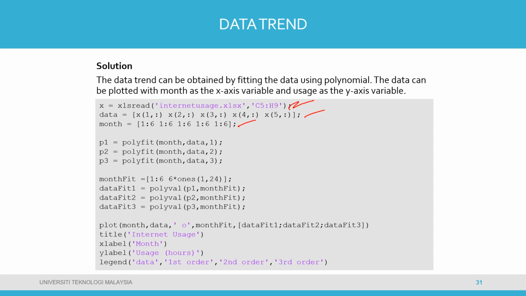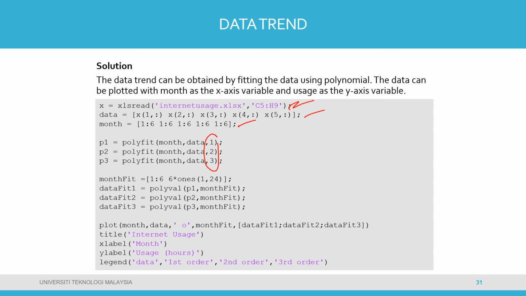You have the month, each of them has 1 to 6 months, and then you do the polyfitting. For this case, you vary the degree. If you look here, the data is unknown. You still don't know what is the polynomial equation that can fit the data perfectly.